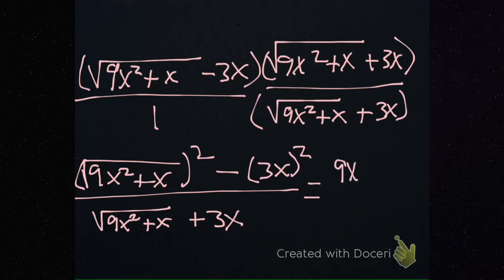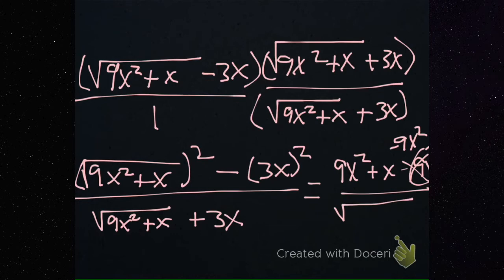That's 9x squared plus x minus 9x squared, all over the square root of 9x squared plus x plus 3x.